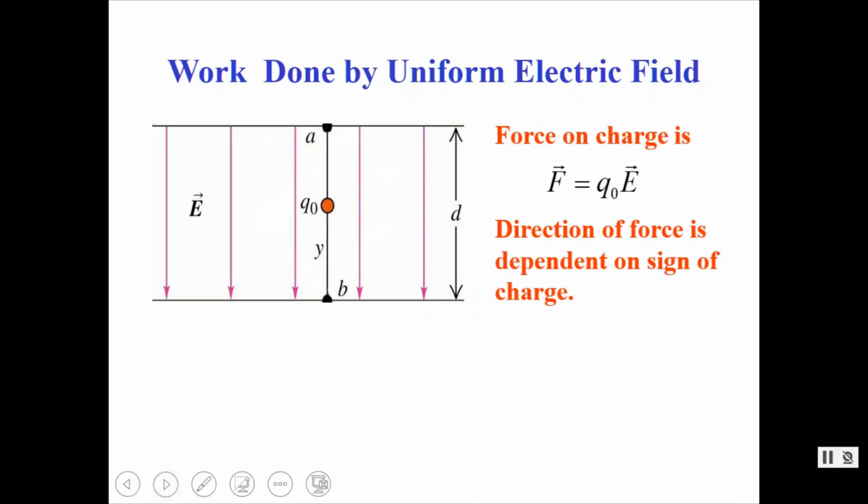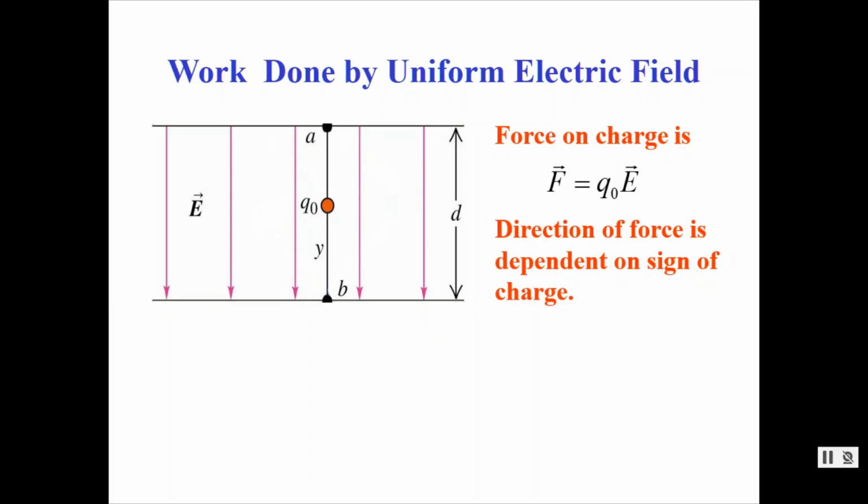The force that we would sub into the work equation would be Q0 times E. Okay, so that's just the force on a test charge due to an electric field. This is a uniform electric field, so that electric field in this case is constant.